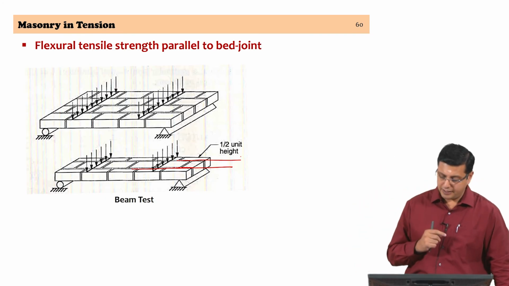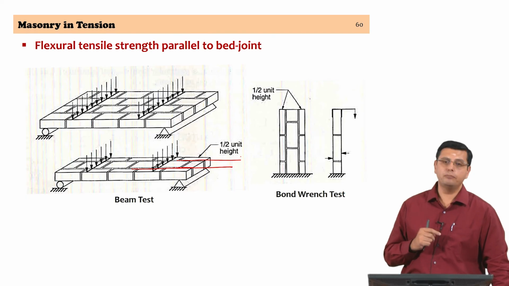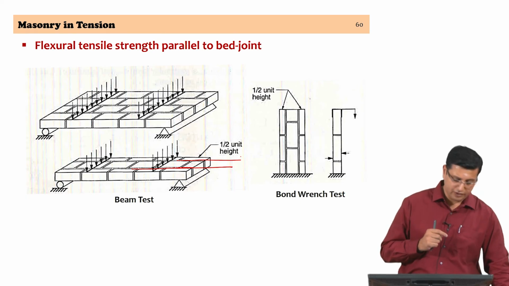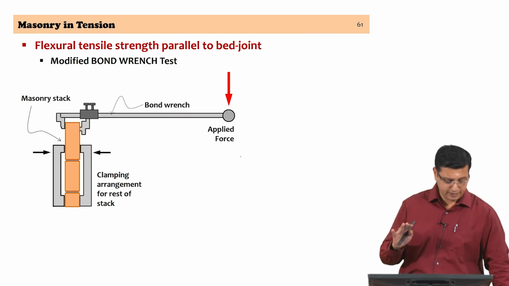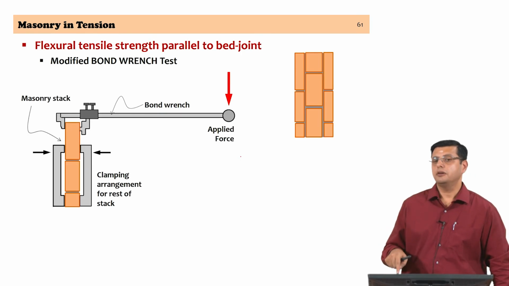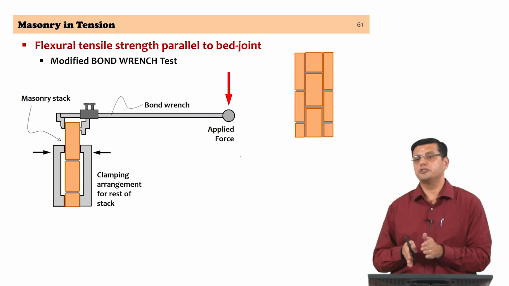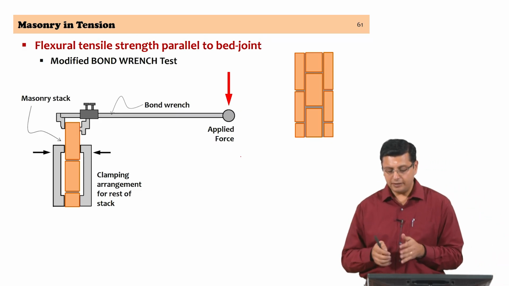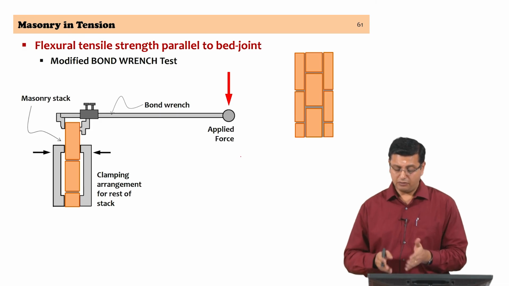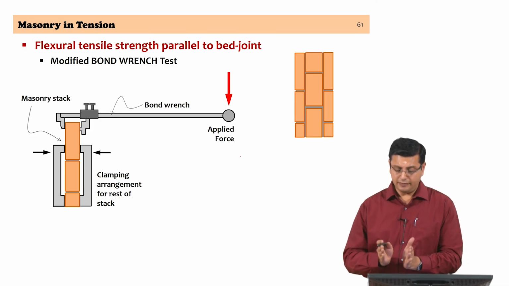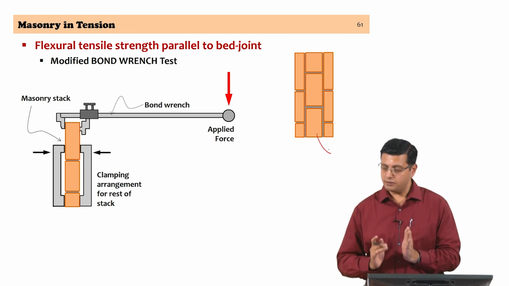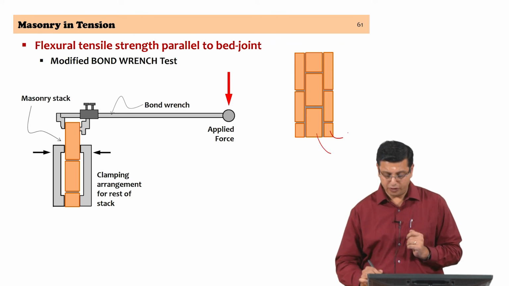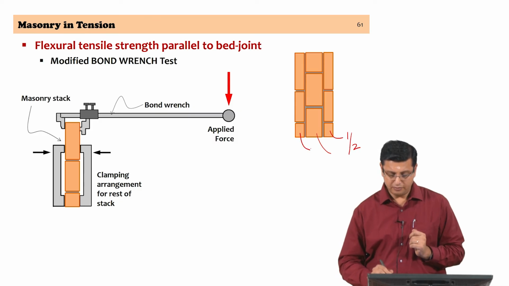But interestingly, you can carry out a modified bond wrench test. And in the modified bond wrench test, what you are actually doing is everything remains the same, but the wallet that you create is no longer a stack of bricks, but a small masonry wallet that is created by full units and half units, right.